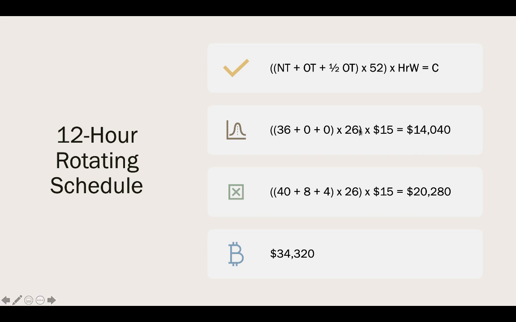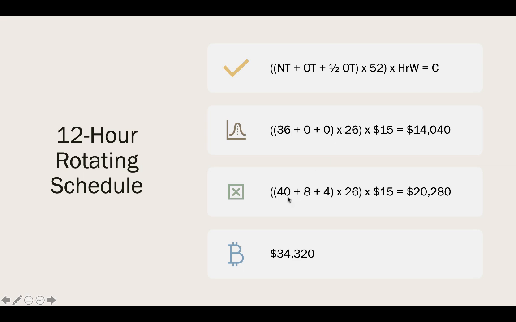I'm multiplying that by 26 weeks because remember we have two types of weeks. I've got week 1, week 2, and then we rinse and repeat. So I've got 26 weeks where I'm working 36 hours, and if I'm still getting paid $15 an hour, I'm getting $14,000 for those 26 weeks.